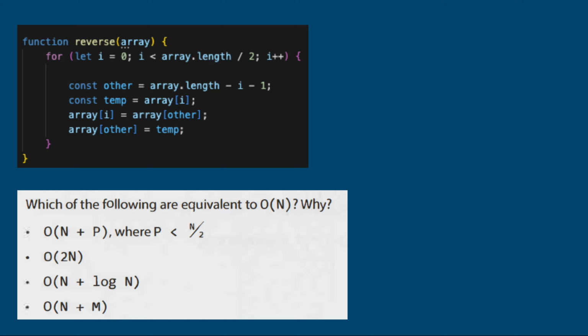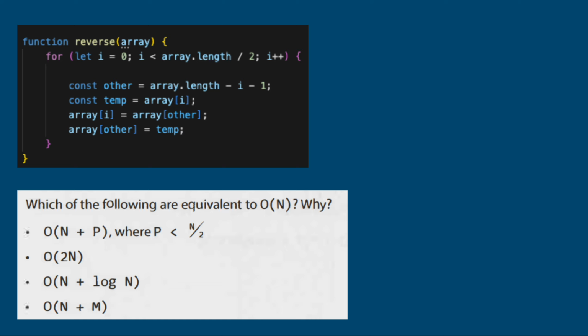This last one is the only one that you could argue might not be O of n, because it depends how big m is here. So if m is bigger than n, this will be O of m. Basically, you could say that this is O of n because their slope is going to be the same.